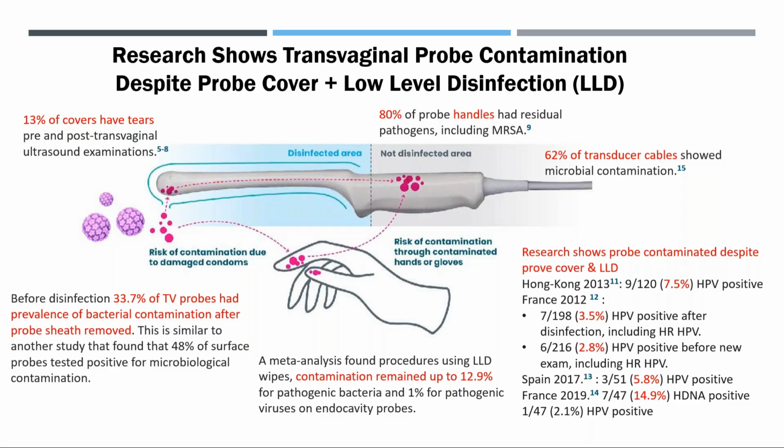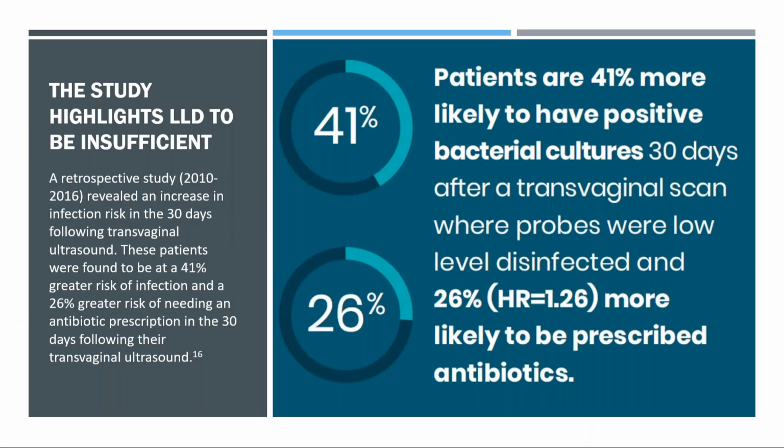Of particular importance, of course, is HPV, human papillomavirus, and you can see here studies from Hong Kong, France, Spain, and another study from France showing that these probes, when tested after use, anywhere from about 3% to as high as 15% were positive for HPV as measured by looking at genetic material. The study highlights low-level disinfection to be insufficient.